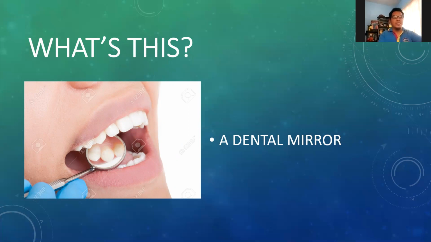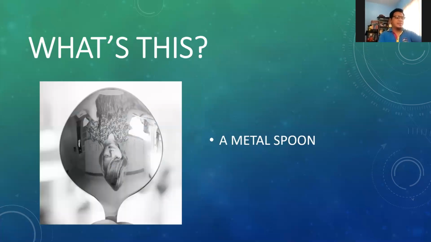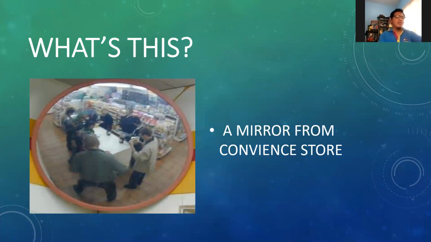It is actually a concave mirror, while in the car, it is actually a convex mirror. A spoon has two reflecting surfaces. It can be a concave or it can be a convex mirror. While for the convenience stores, for the security guard to have a larger view of the store, they are using a convex mirror. So as you can see, these types of mirror are very useful in our daily life.